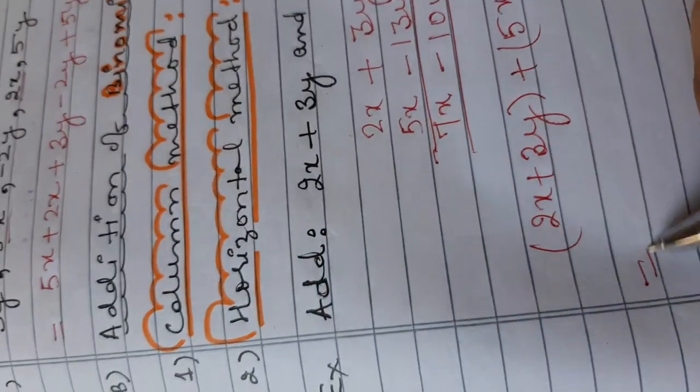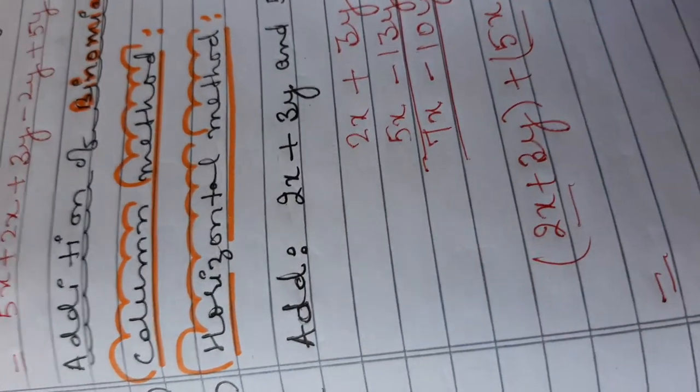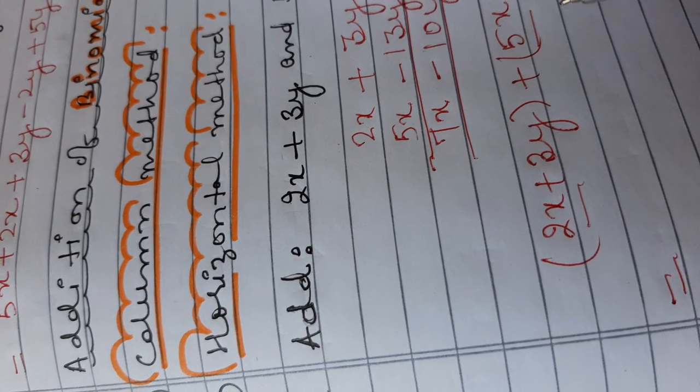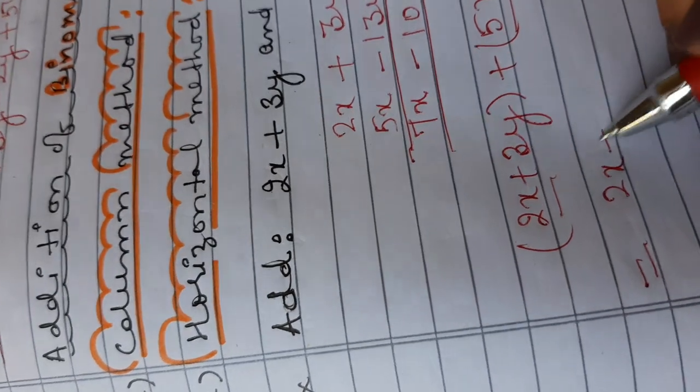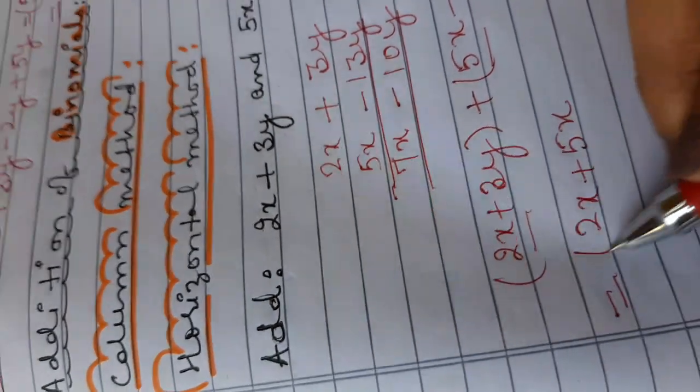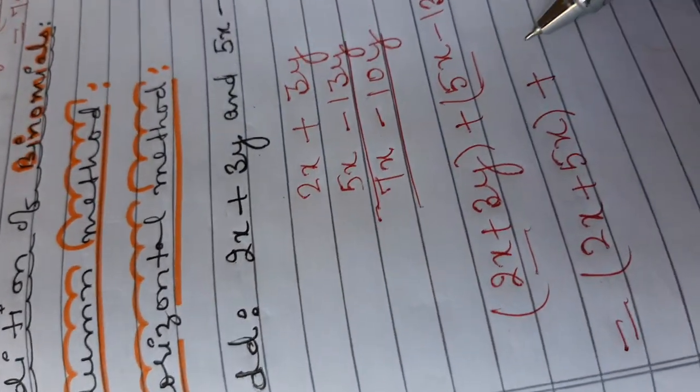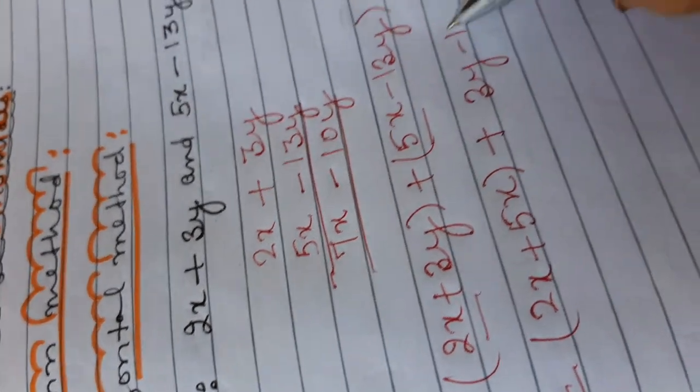Now in the next step, rearrange the like terms, 2x plus 5x, write them together, plus 3y minus 13y.